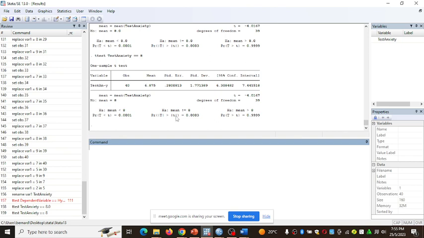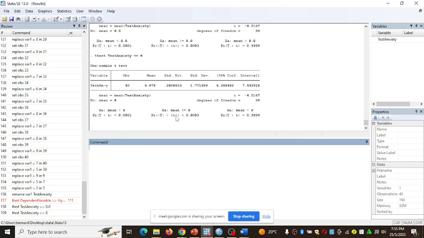If the mean is greater than 8, how will we conclude? Yes, that's my question. If the mean is greater than 8, how will you conclude?